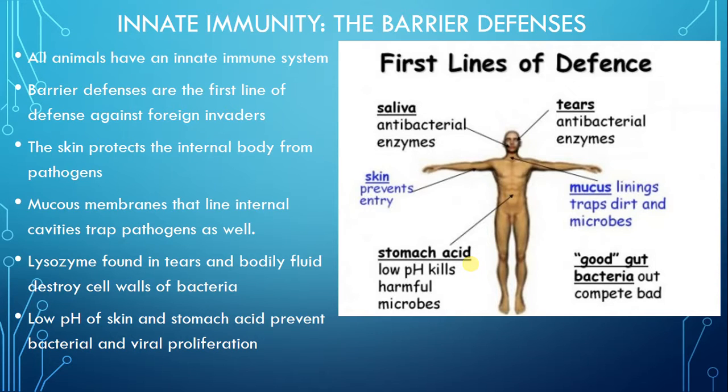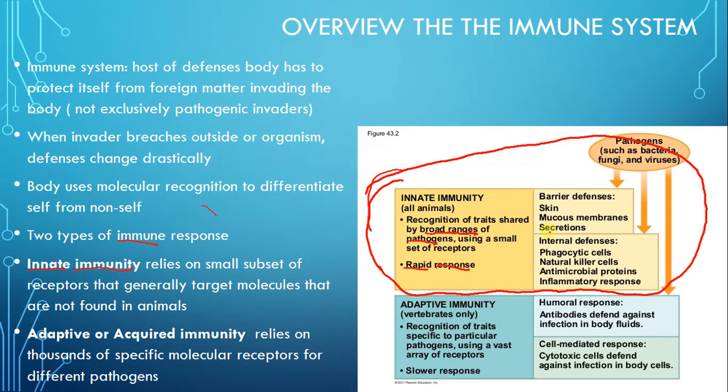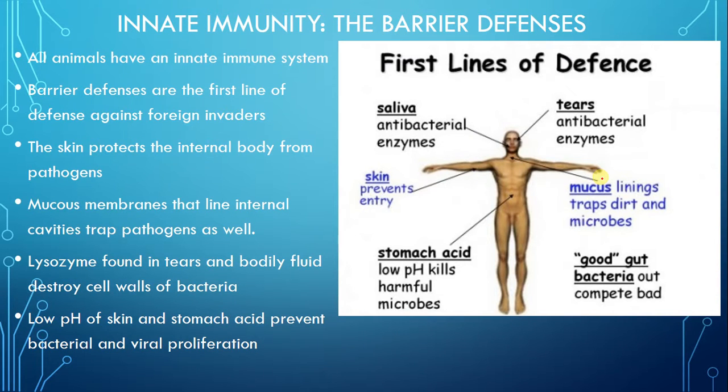The first part of our innate immunity, which goes with this box right here, is called barrier defenses. All animals have an innate immune system, and barrier defenses are that first line of defense against foreign invaders. Barrier defenses pretty much prevent pathogenic or foreign material from infiltrating your body to begin with. One of the biggest for humans is the skin.